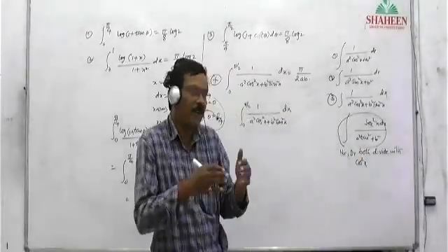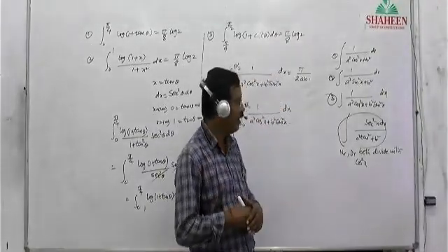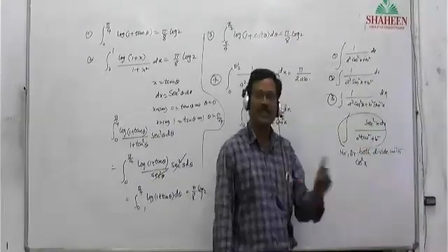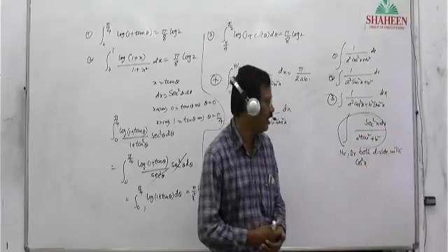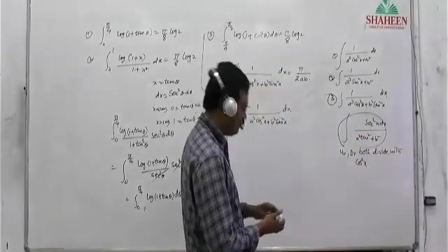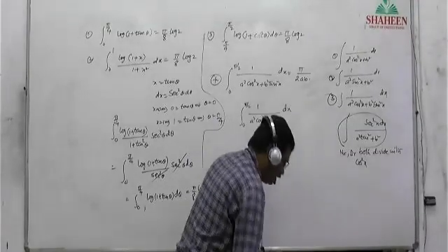If the problem is like this, that substitution becomes very simple. Why? Because tan x is equal to t, then sec square dx is equal to dt. That's why that problem becomes simple.